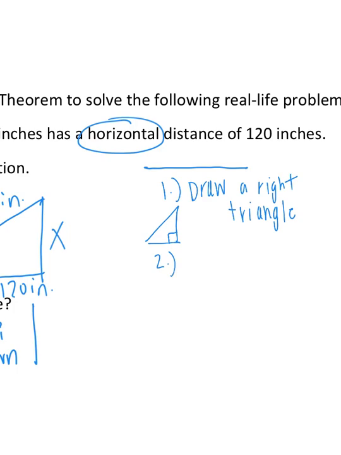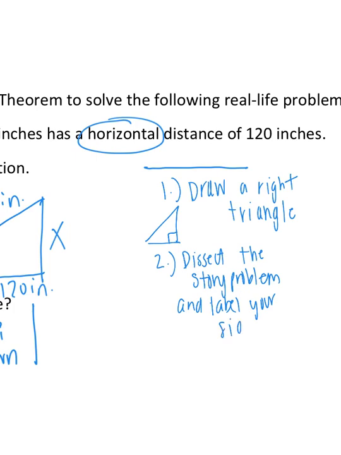Step 2 is going to be that you have to dissect the story problem. So that's what we did up here. We figured out, okay, horizontal means side to side. We figured out a ramp would have to be something slanted. So dissect the story problem and label your sides. So label your sides of the triangle.